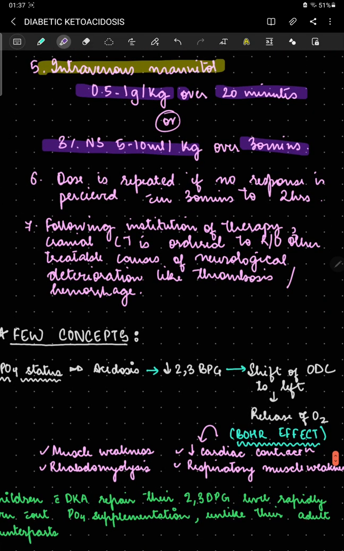If there is no response, then the dose is to be repeated between 30 minutes to 2 hours. Following institution of the therapy, a cranial CT is ordered to rule out any other treatable cause of neurological deterioration like thrombosis, hemorrhage, right?